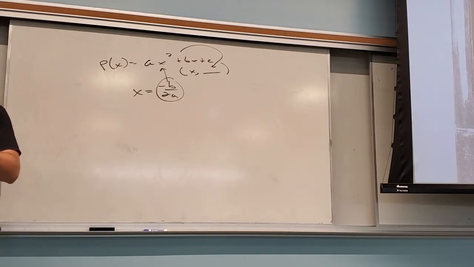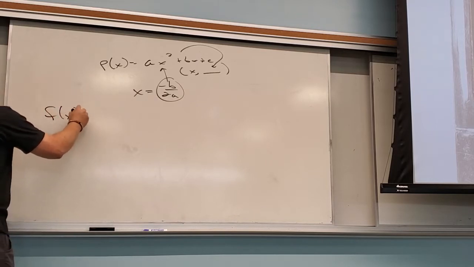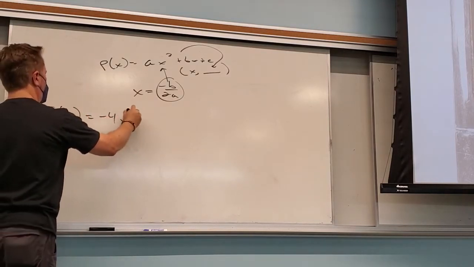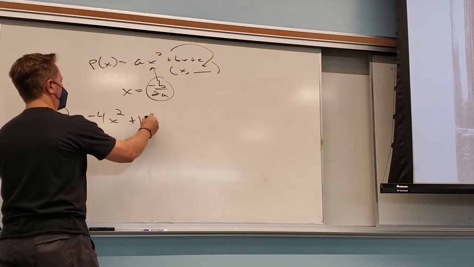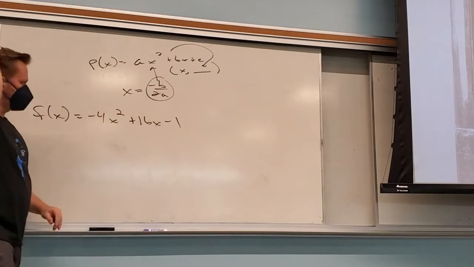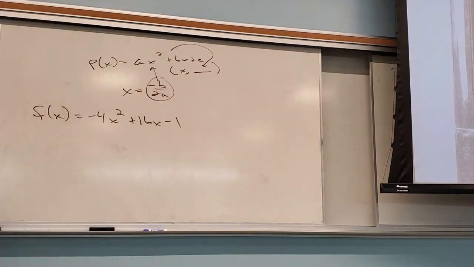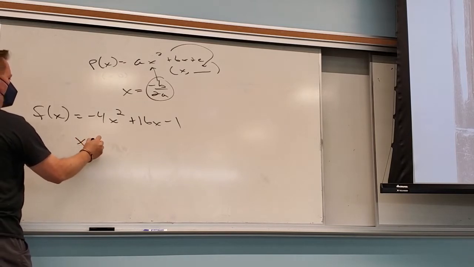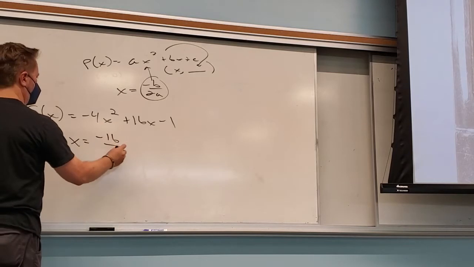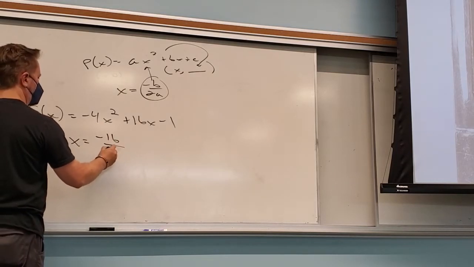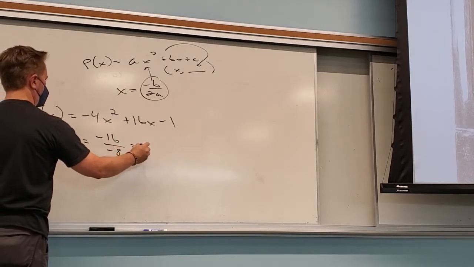So for example, find this guy's vertex. Negative 16. Good. Negative b over negative 4 times 2. Good. 2.